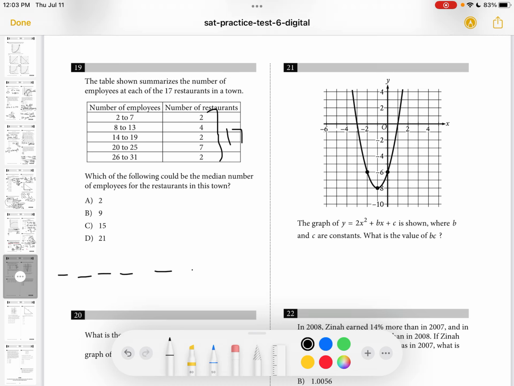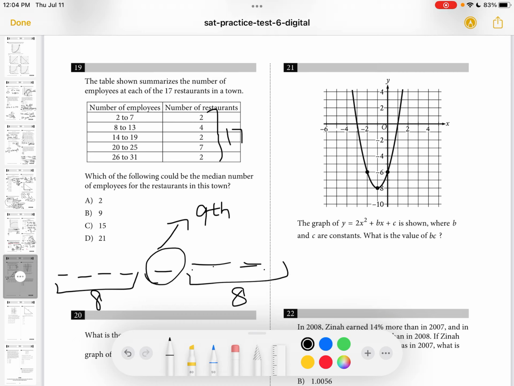So if we have 17 values and we order them from least to greatest, the 9th value will be our median, because there'll be 8 values here and then 8 values there. So the 9th is perfectly in the middle. So we just need to find the 9th value ordered from this table. The first 2 values will be from this row.